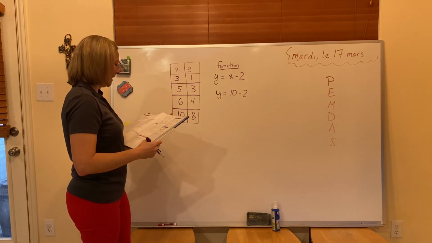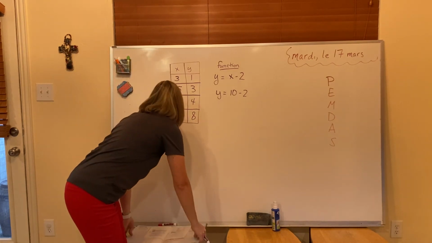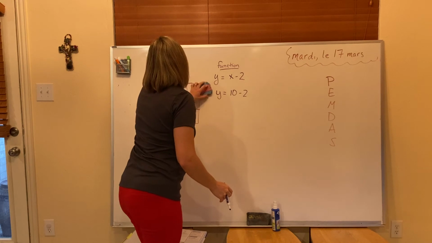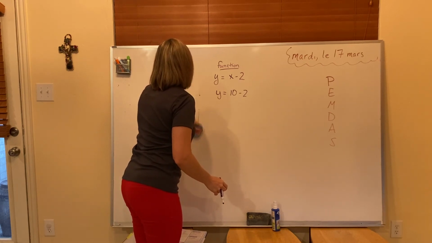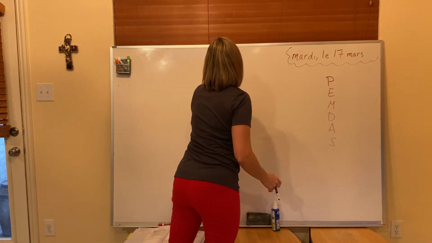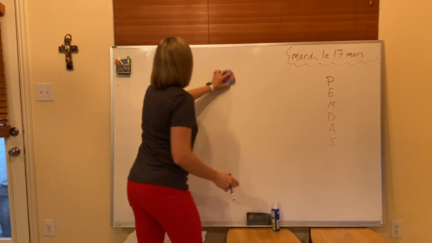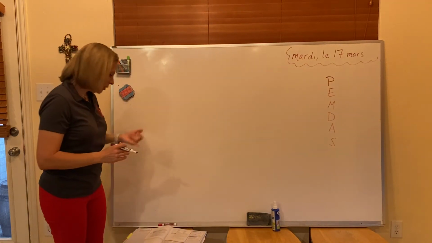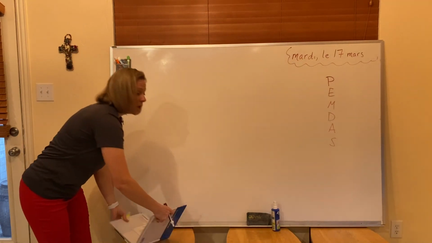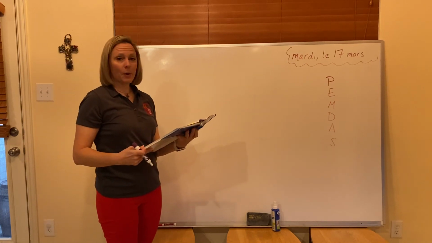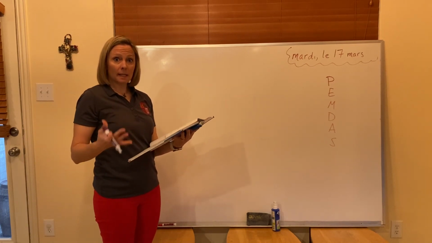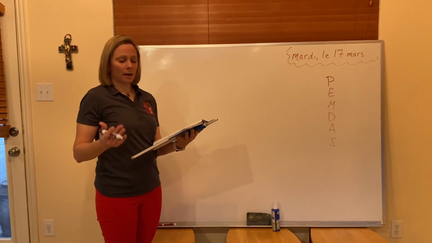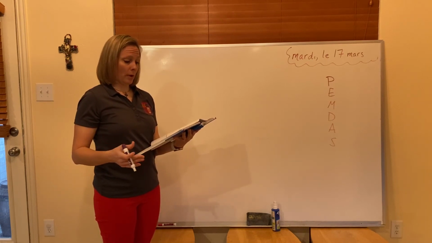Let's look at D next. Oh, by the way, I also want you to work B and C on your own, okay? If you have questions about them, please send me a message and let me know, and I will walk you through them.